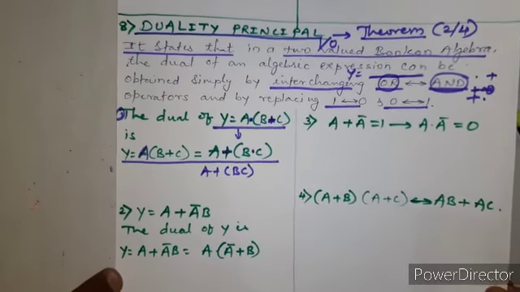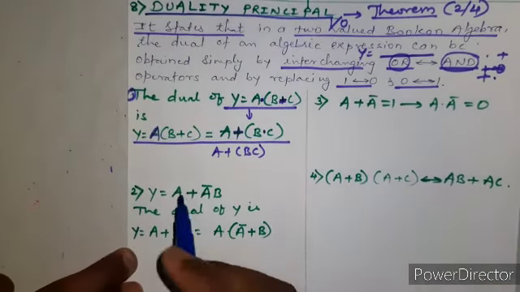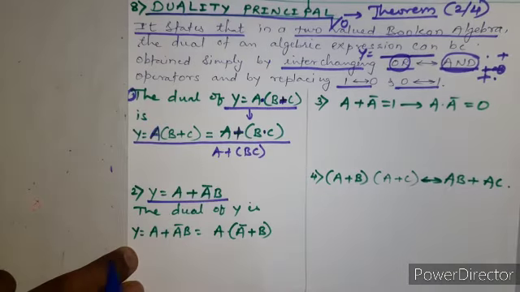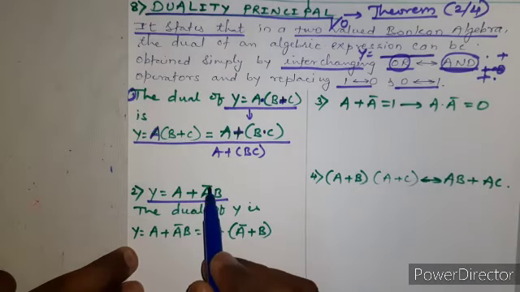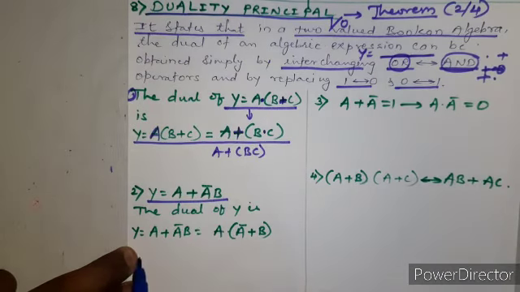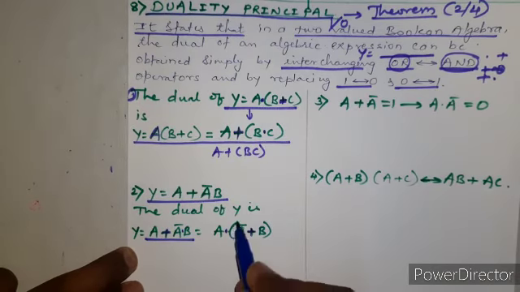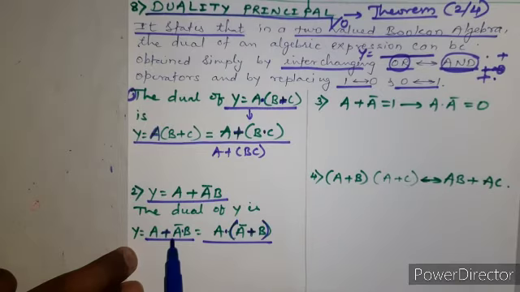Nothing very hard here. Now see here, we have this equation A plus A bar B. So A as it is, this plus is replaced by dot, and then this dot is replaced by plus.